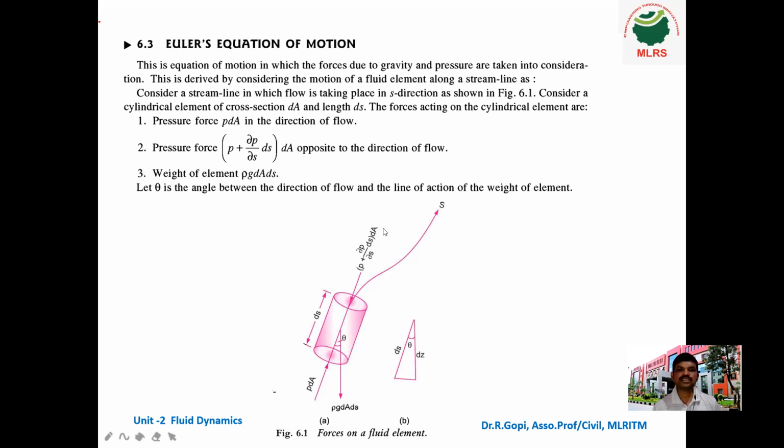This force is acting from upward to downward, and also this gravity force, that means the weight, is acting from upward to downward. So two forces act upward to downward, and one force acts from downward to upward. I am taking this as positive and these two as negative.